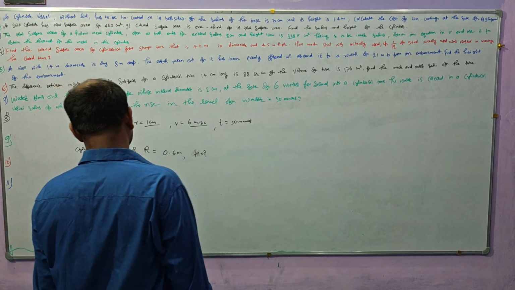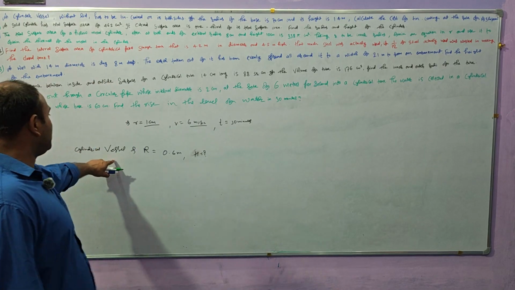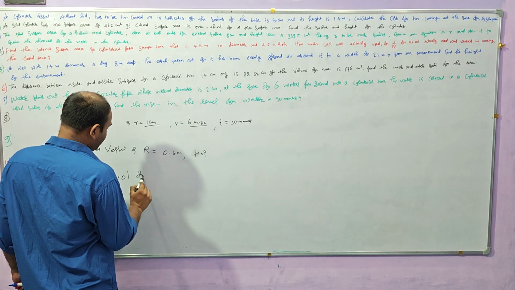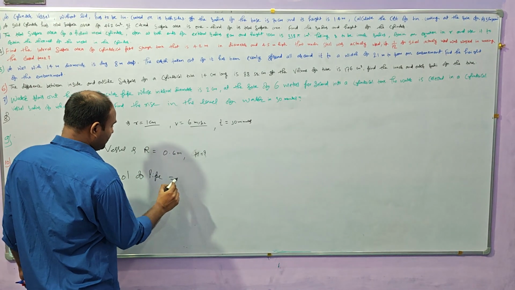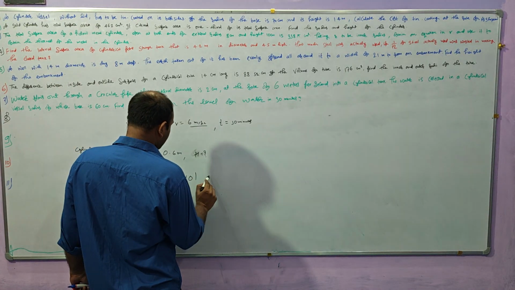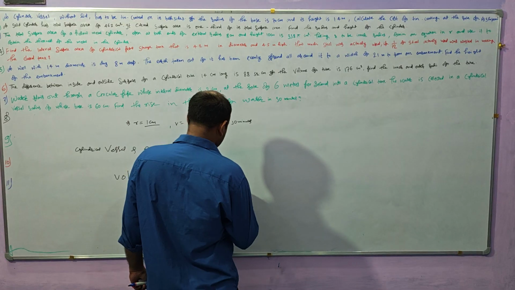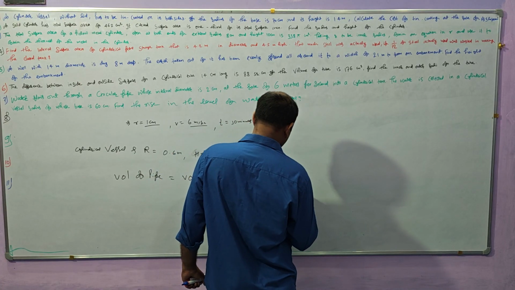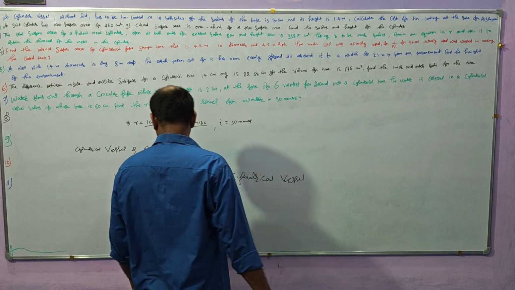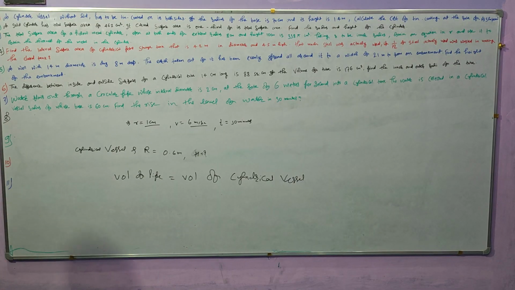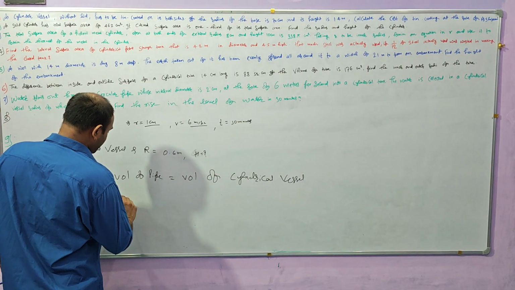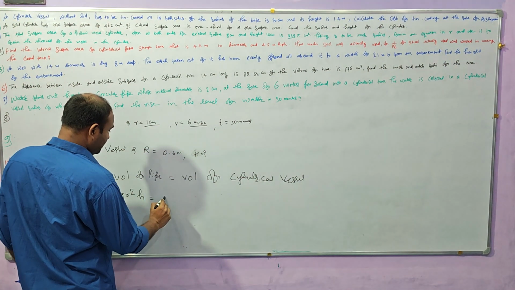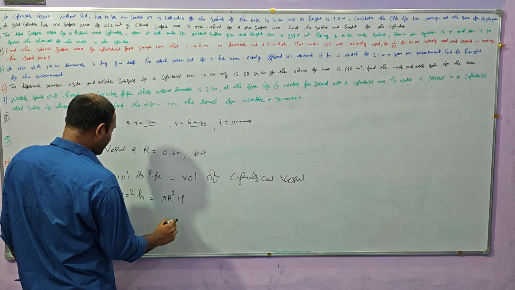So the volume of this would be the volume of this. So the volume of the pipe is equal to the volume of the cylindrical vessel, and the volume of the pipe is basically pi r square h, equal to pi r square h.